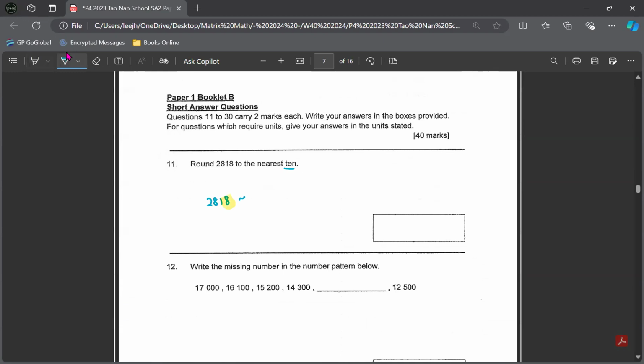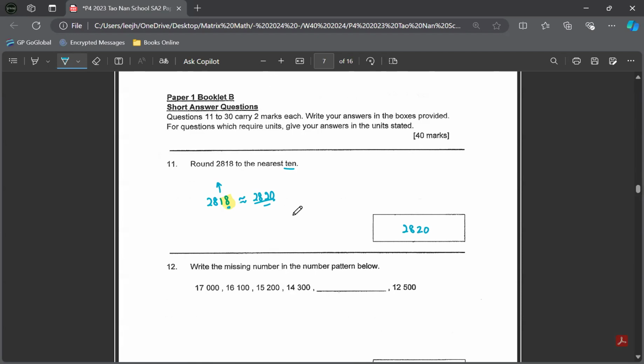That will determine whether I round up or remain. So 5 and more, we round up. 4 and less, we remain. So this is an 8, which means I can actually round 1 ten up to 2 tens. So the answer is 2820. So you write down 2820.